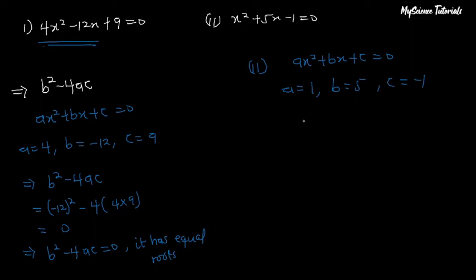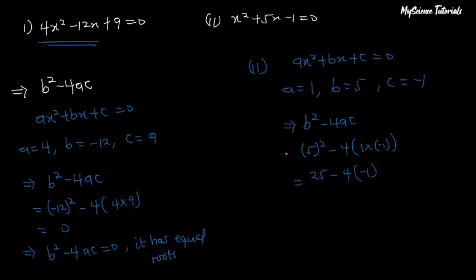So to describe the nature of the root, I know that my b squared minus 4ac should be computed. My b is 5, so I have 5 squared minus 4 into bracket, my a is 1 multiplied by my c is negative 1. So I have 25 minus 4 into bracket, positive 1 multiplied by negative 1 will give me negative 1.